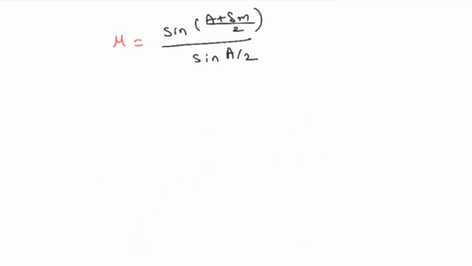So with the knowledge of delta m from table 1, you have to make one more table. My second table is corresponding to, again, serial number, color, lambda, and the corresponding mu.